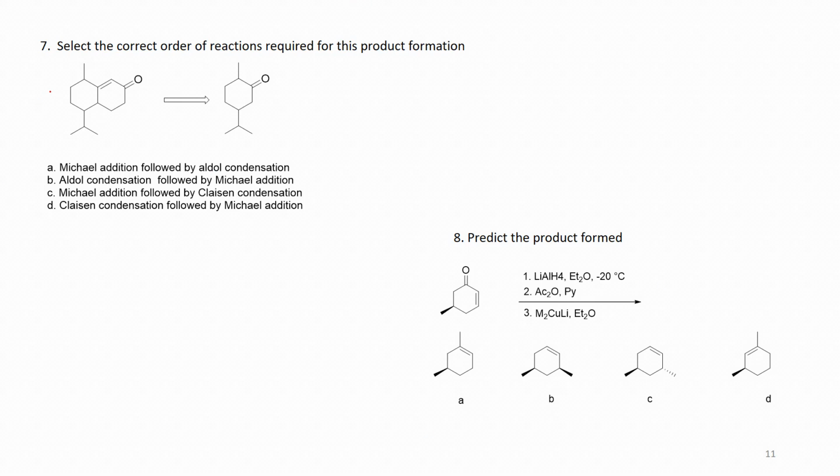To get the product from here to here, what is the correct order of reactions? You know that whenever there is a bold arrow, this is the substrate, the starting material, and this is our product. So what is the correct order of reactions to get this product? Just think for 5 seconds and I will answer this.